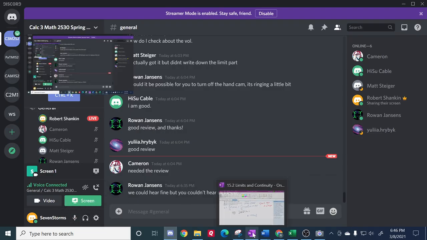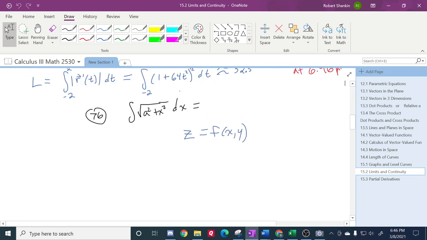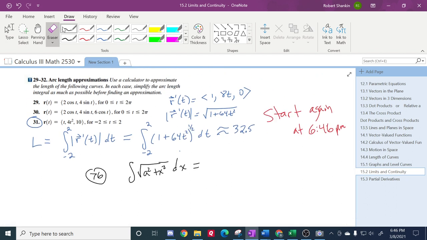All right, so we shall begin again here, and let's do this integral with this formula and see if we get 32.5.